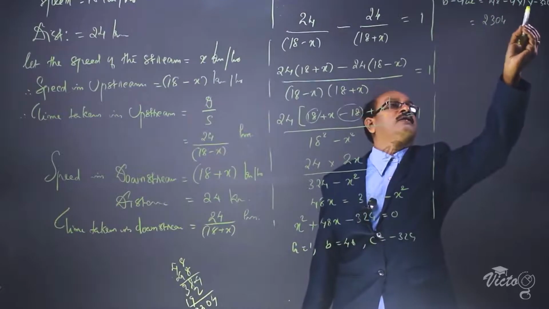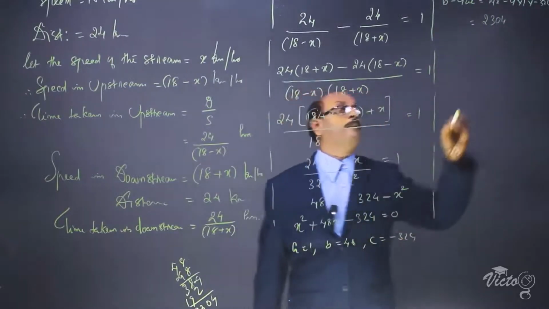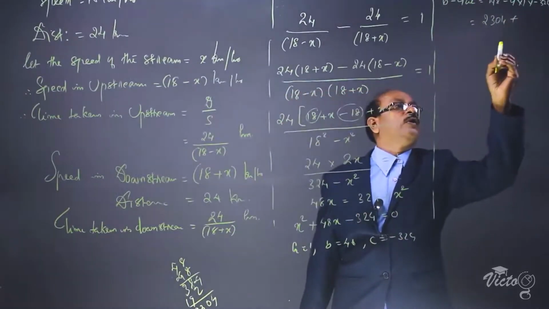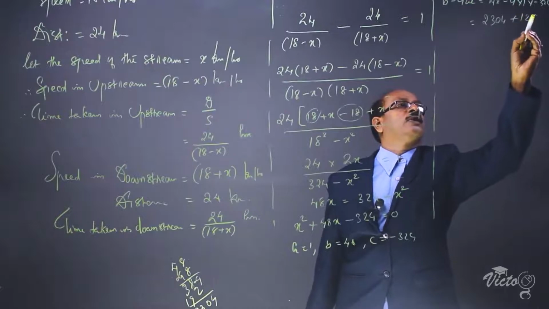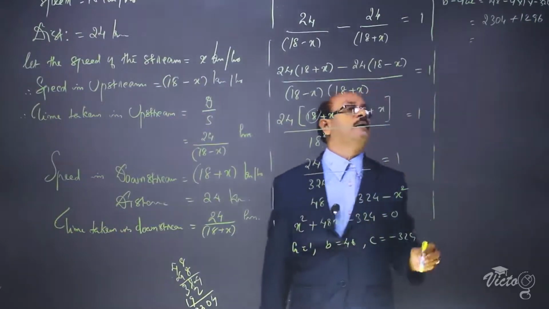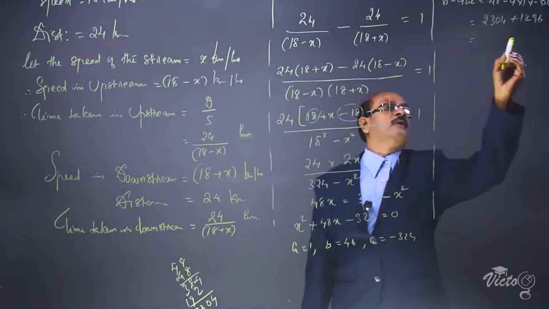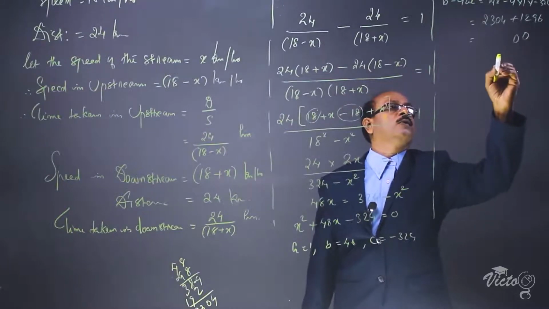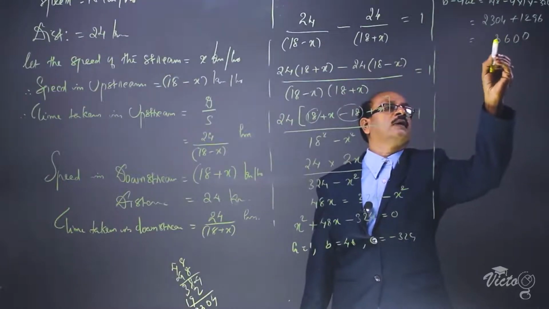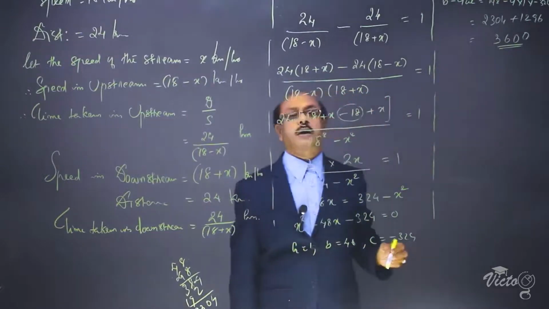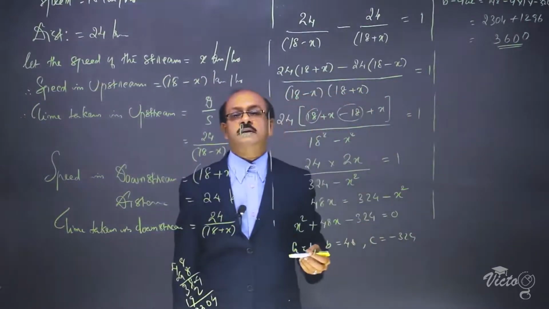Minus and minus multiplying, the sign will be plus. 4 into 324 is 1296. Adding, we are getting 3600, the value of the discriminant, that is b square minus 4ac.